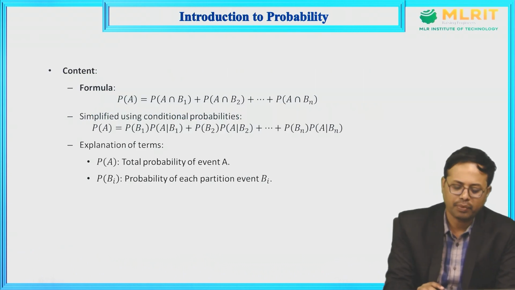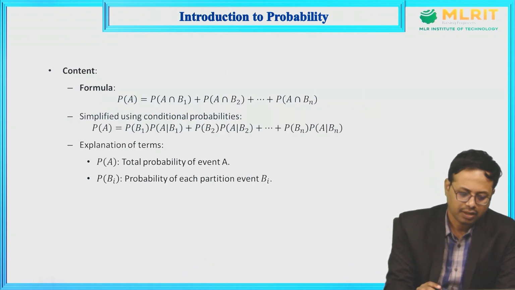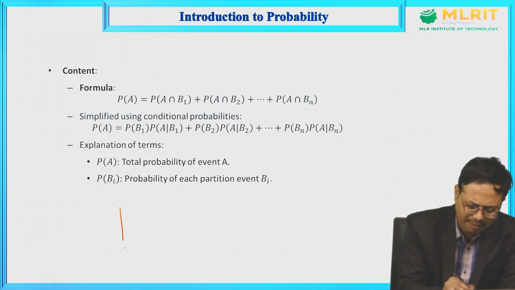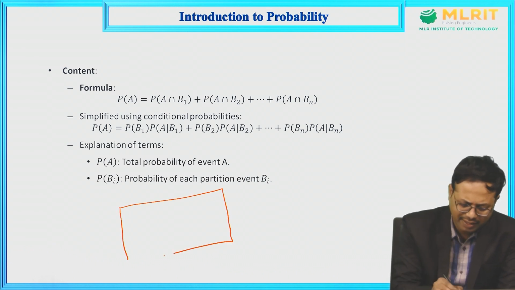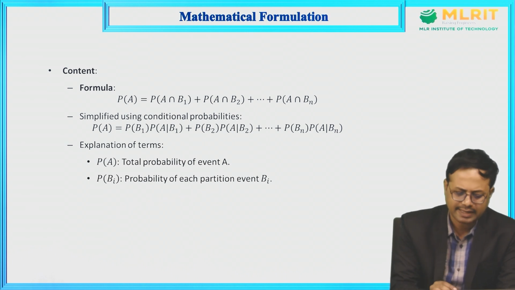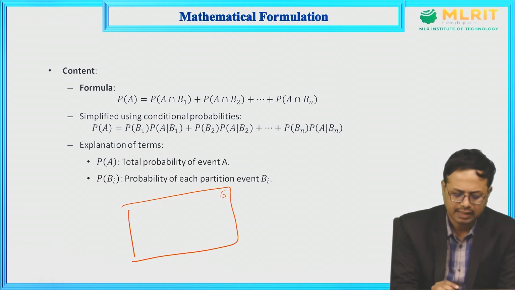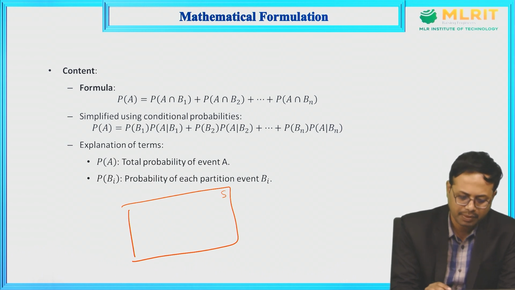What does the Total Probability Theorem tell? This is the content we are going to discuss. Suppose you have a sample space, and in the sample space you have a different set of events.